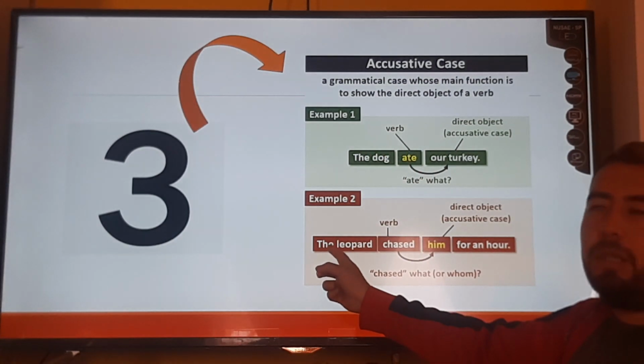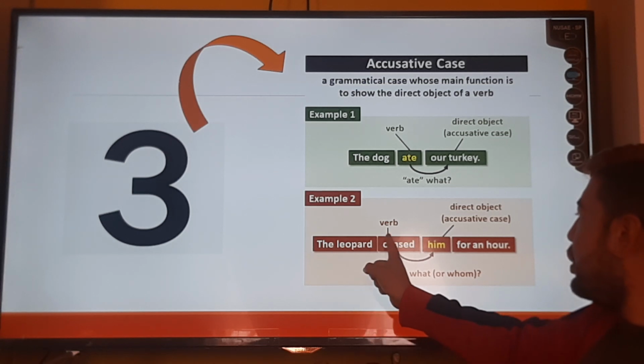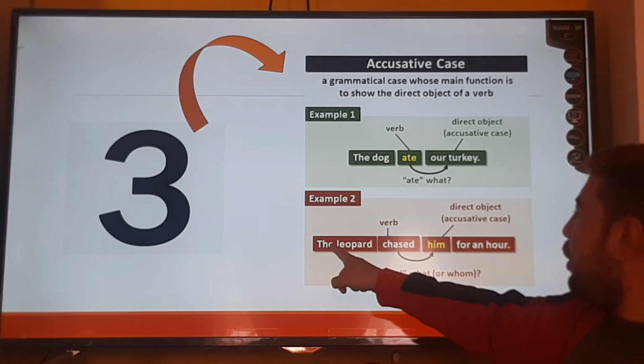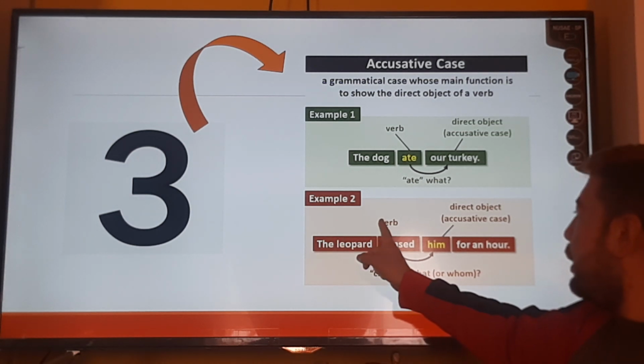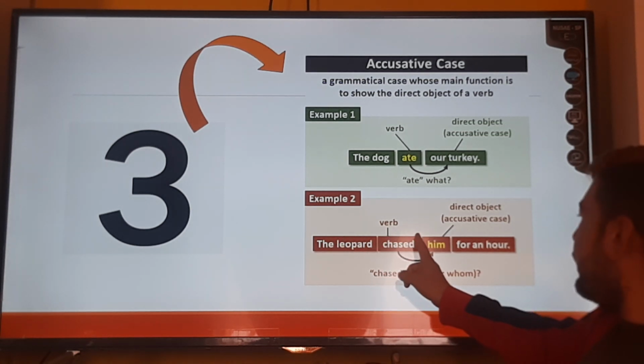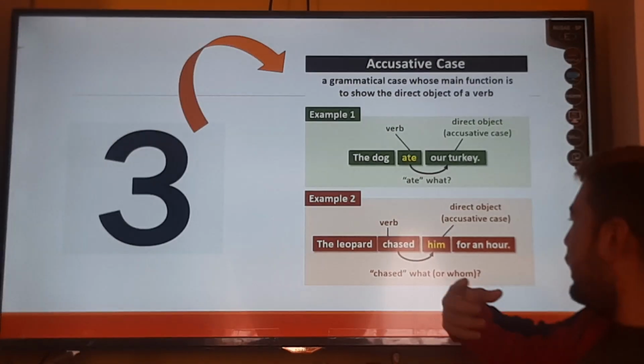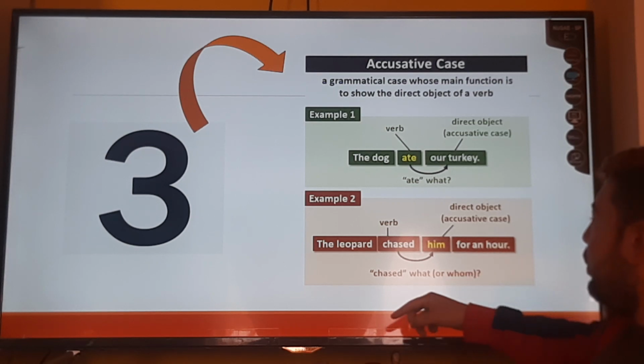It is the same in the second sentence. The leopard chased him for an hour. The leopard is a subject, chased is a verb, him is an accusative case, and for an hour is a complement.